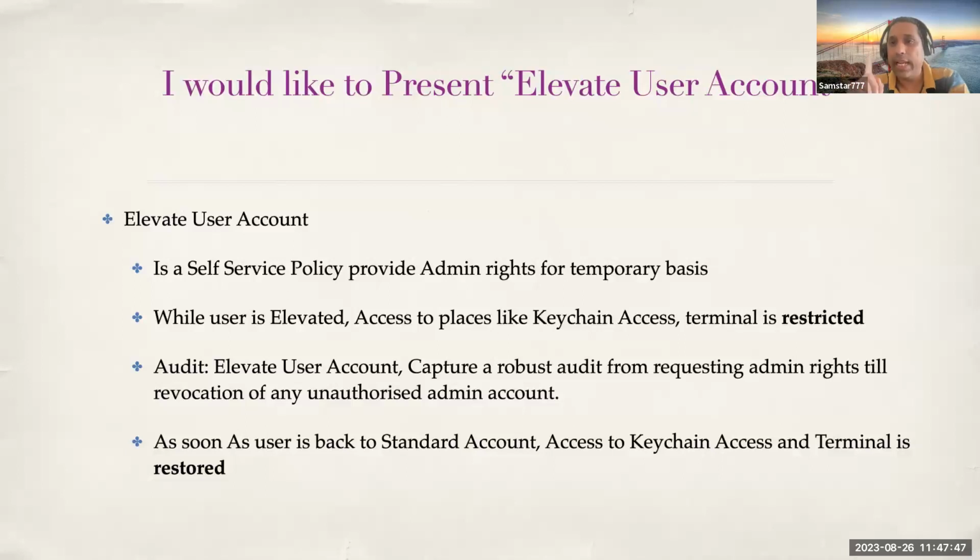When a user is elevated using Elevate User Account, access to Keychain Access and Terminal is restricted. That means the user will not be able to open Terminal or Keychain Access, so that he or she cannot break things. We have audit logs. The audit logs are captured from the request until the time we revoke any unauthorized admin account.